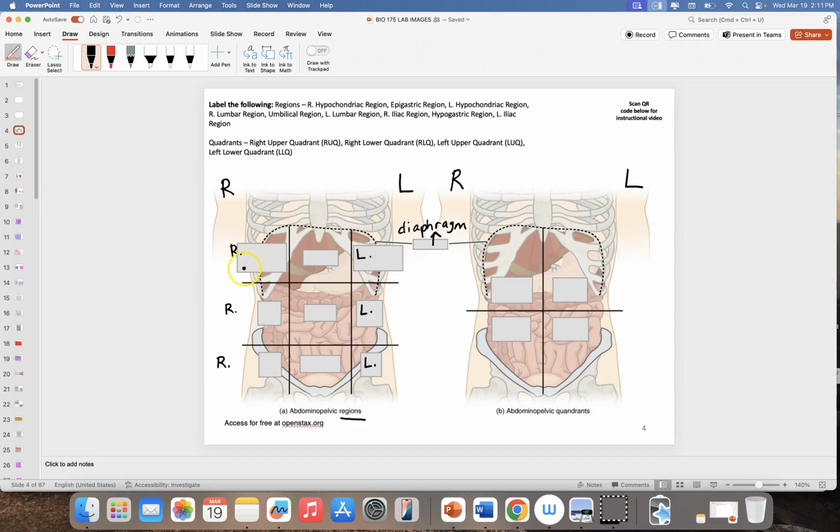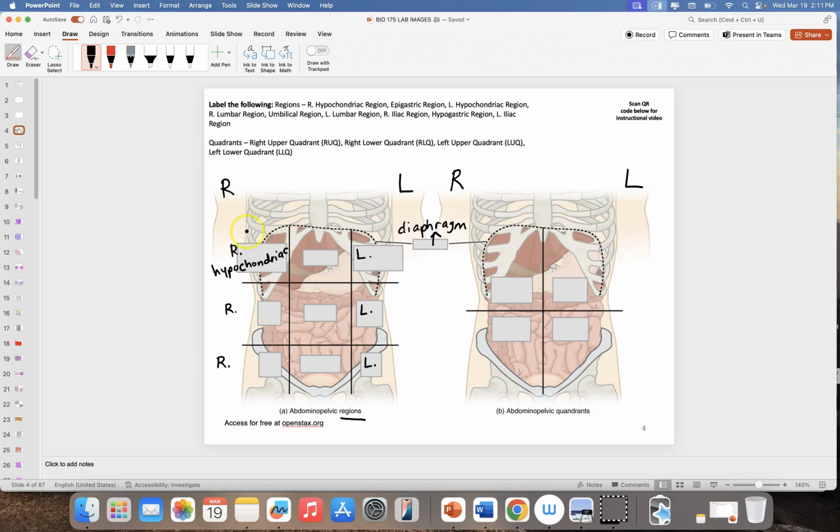Our first region we'll look at is the right hypochondriac region. We know that the term hypo means below, chondro means cartilage, and it means below the cartilage of the ribs.